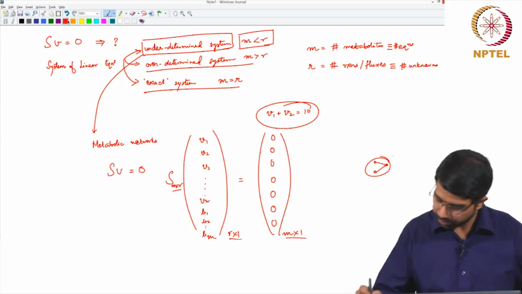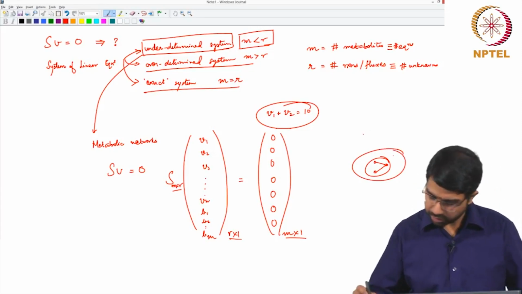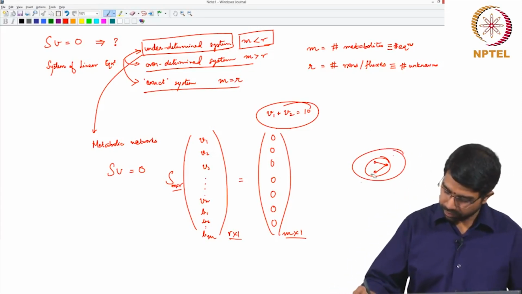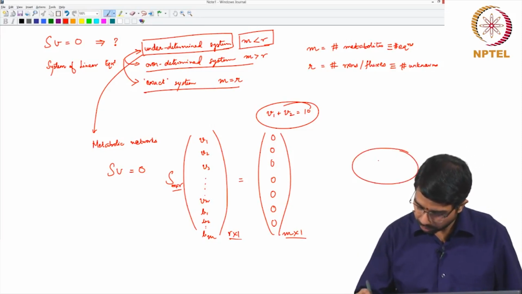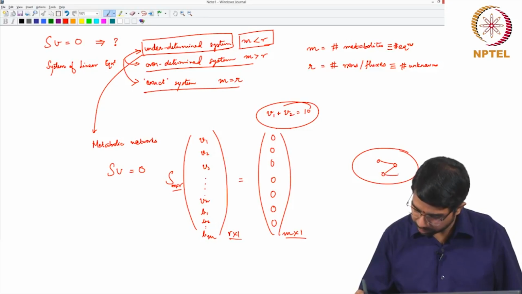So, think of a cell, you have several internal fluxes, internal reactions.